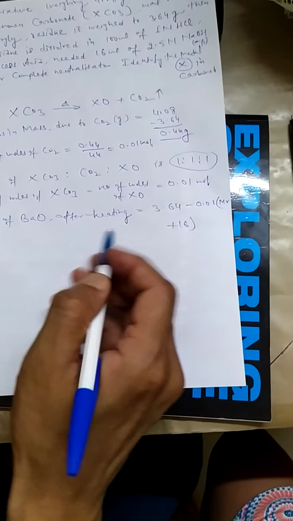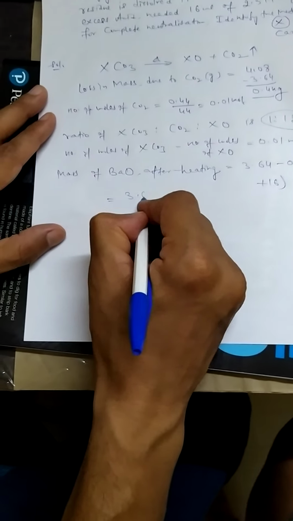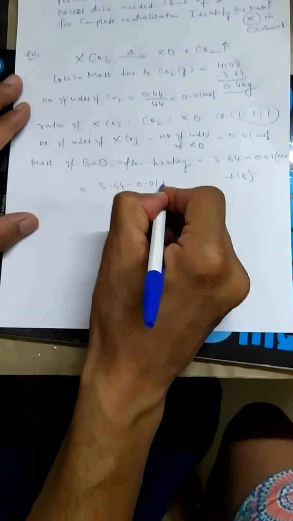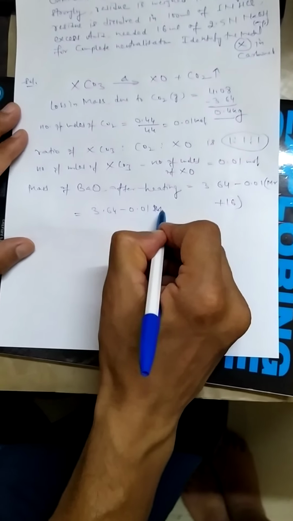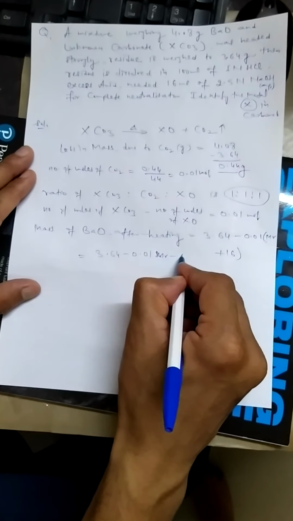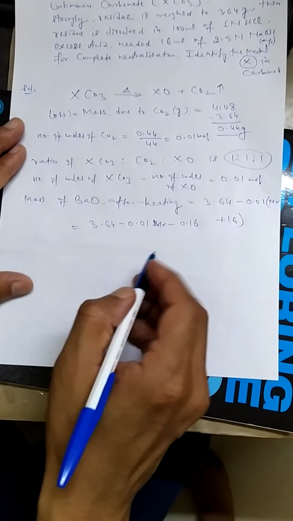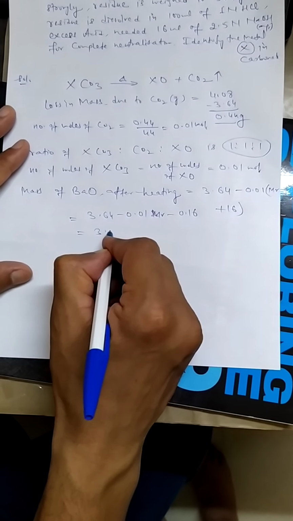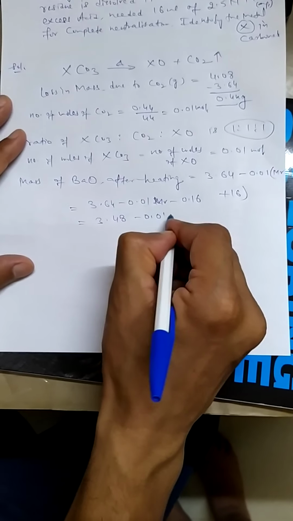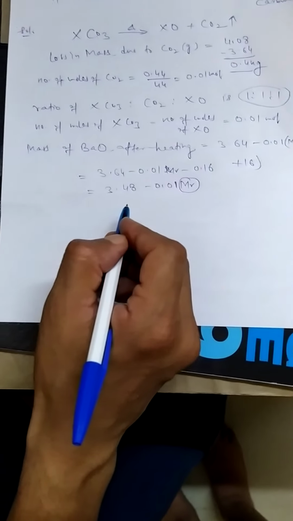So I can just put it in the equation. 3.64 minus 0.01 times the molecular mass, you can write it Mr also. Minus and plus becomes minus, so it becomes 0.16 times 0.01, so it becomes 0.16. So in the simplified form we can write 3.48 minus 0.01 Mr. So we actually have to find out the value of Mr.